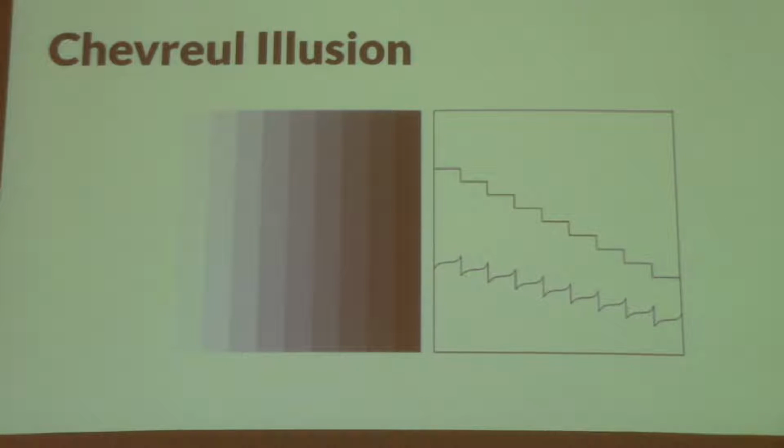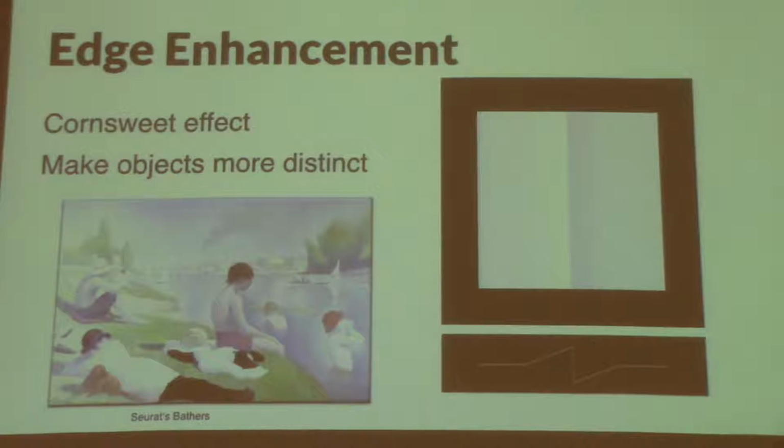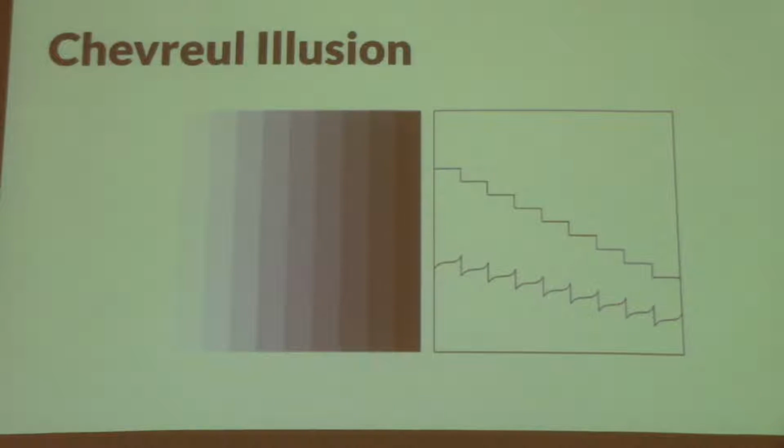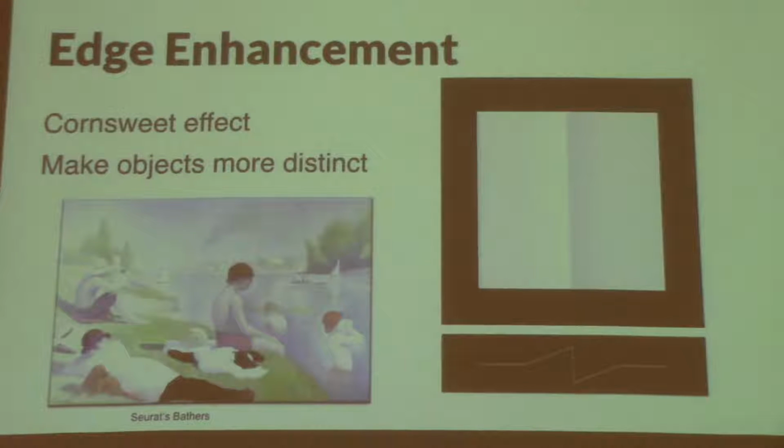And then you also have this illusion. This is what the data actually does here: it's linear steps, but you perceive it with these increasing slopes. It's an interesting illusion, which you have to be aware of, especially in computer graphics. You can use the Cornsweet effect to do edge enhancement.